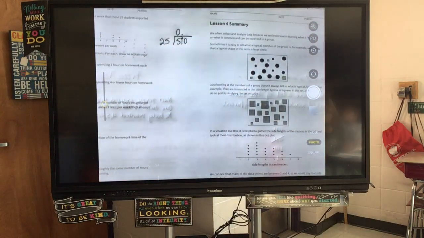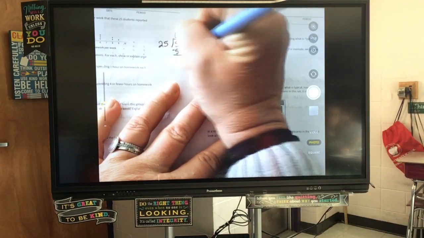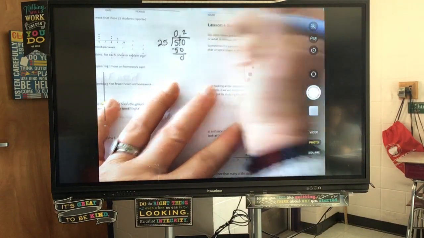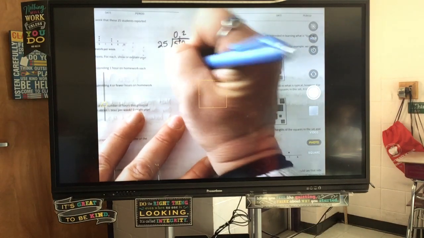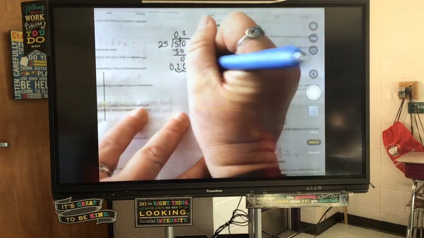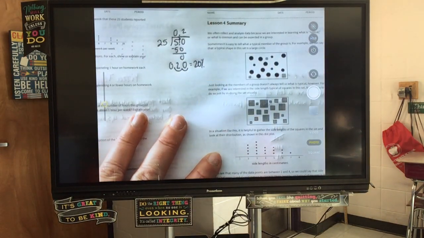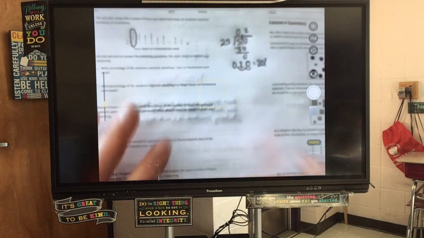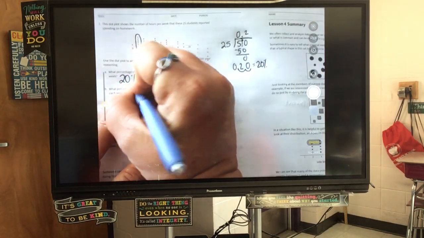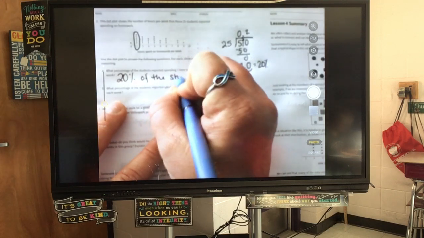How many times do we multiply 25 to get 50? 2 times. So this becomes 2/10. I'm now gonna take my 2/10, move my decimal 2 places to the right, and I'm going to get 20%. That is how you do percent, super easy, not the way I taught you prior. So the percentage is 20% of the students.